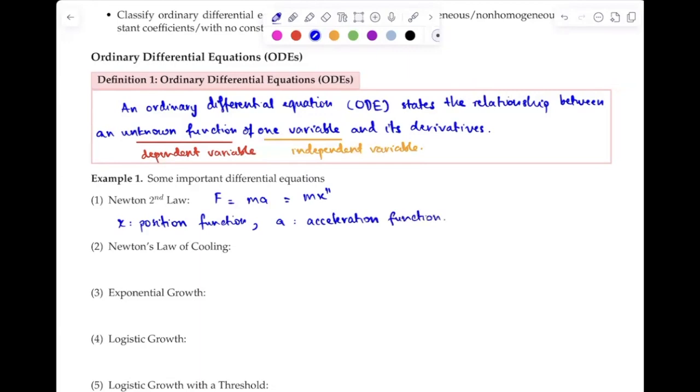Because a is written in terms of the position function, a equals x double prime, that is the differential equation that you see right now. And this is called a second order differential equation because the highest derivative in the equation is 2, or the second derivative.